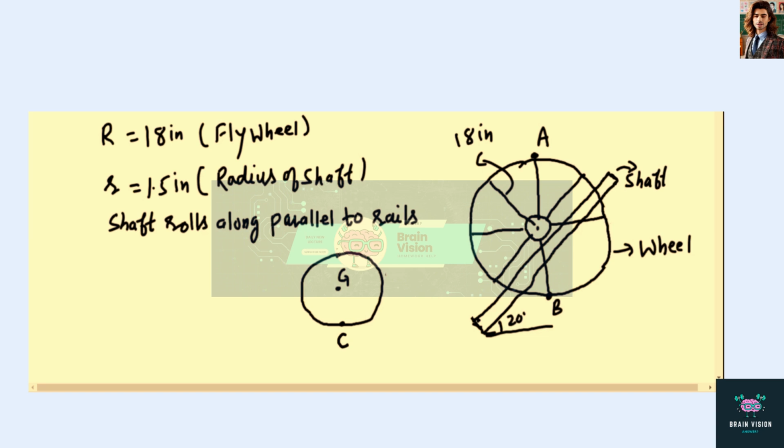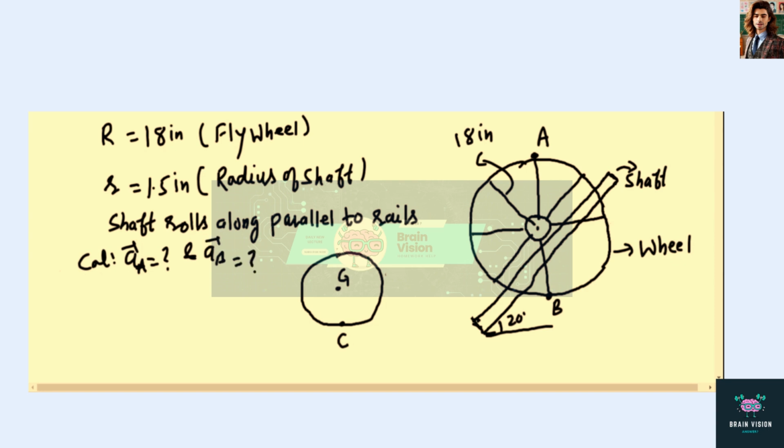The velocity of the shaft I will write later on. So we have to calculate the acceleration of point A and point B as shown in the figure.